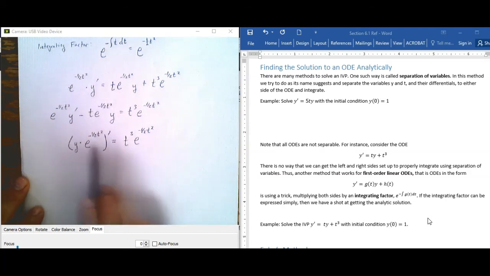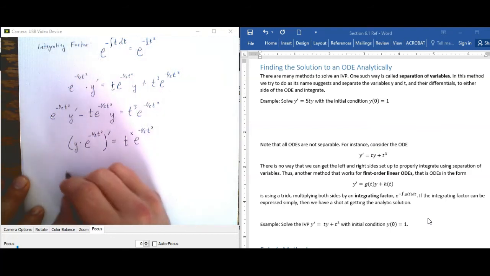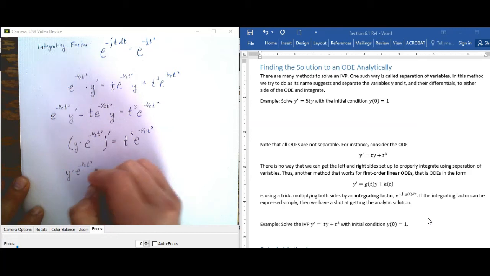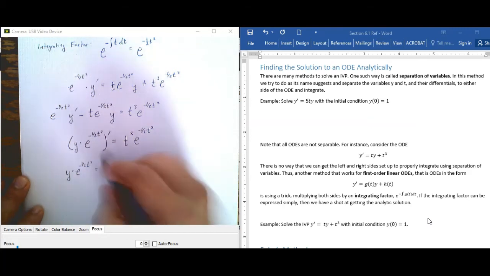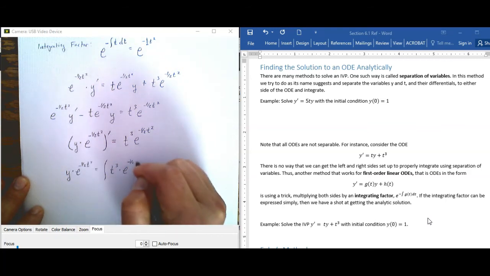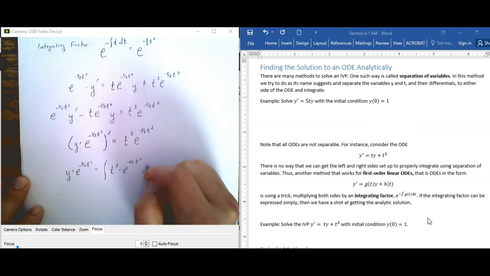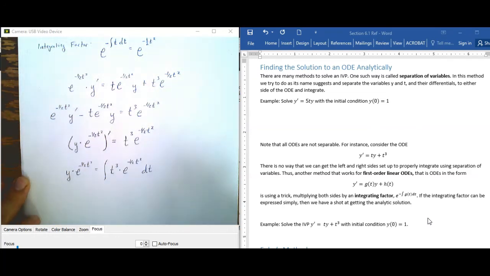Now we integrate both sides, so the integral of this derivative is just what's inside here, equals the integral of this side with respect to t.